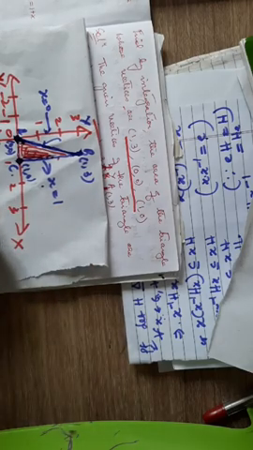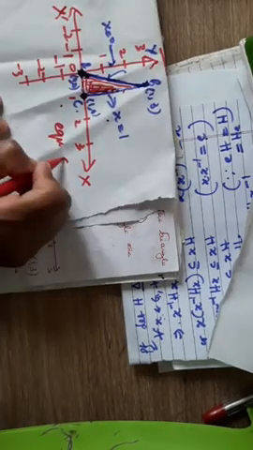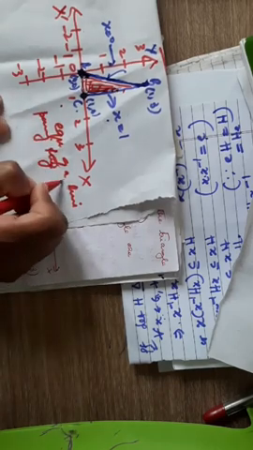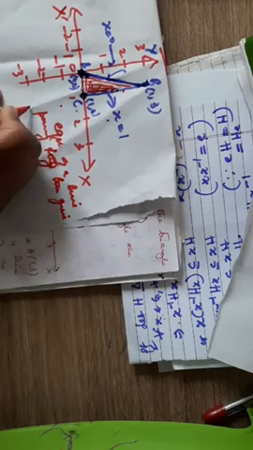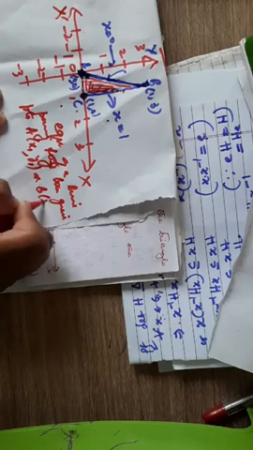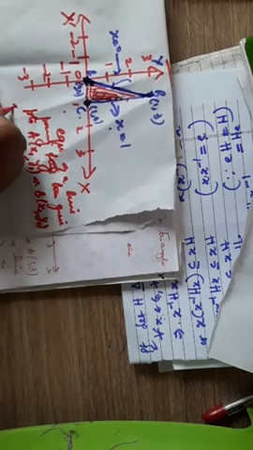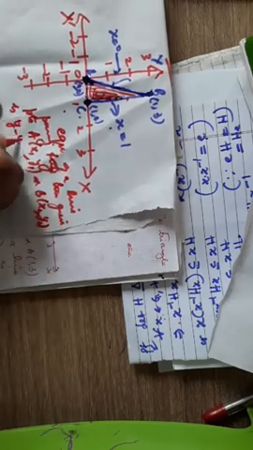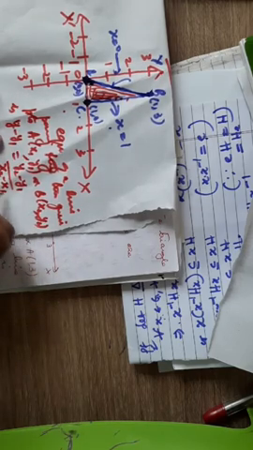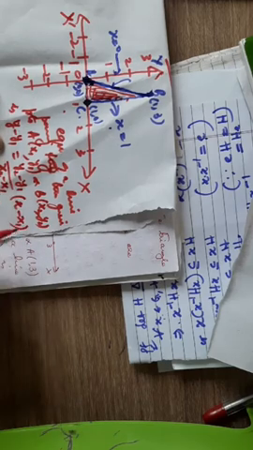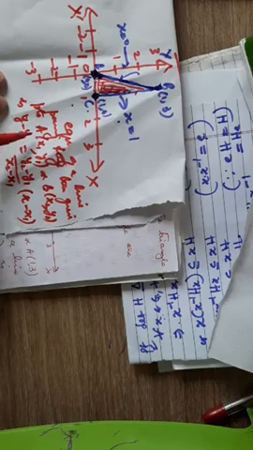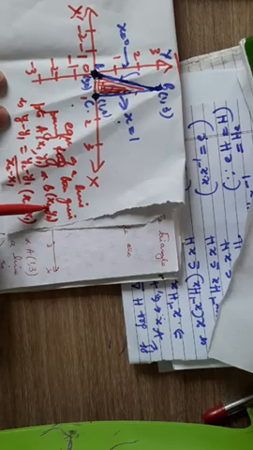We know that the equation of a line passing through two given points, say A(x1, y1) and B(x2, y2), is given by y minus y1 is equal to (y2 minus y1) by (x2 minus x1) into (x minus x1). So this is the formula. If the coordinates of A and B are known, then you can easily find the equation of the line AB which passes through these two points.